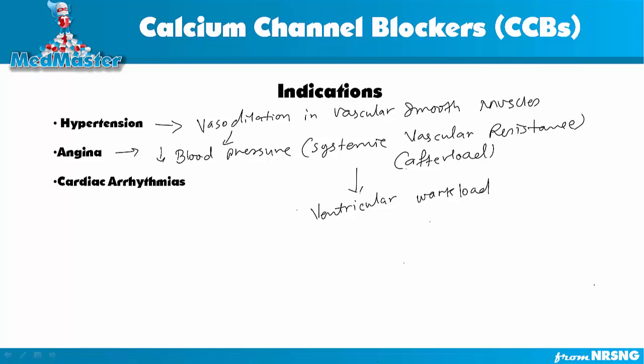While the blood pressure is low, the ventricles won't have to create that much energy to pump the blood out. So the ventricular afterload is going to be decreased. When the afterload decreases, the heart workload decreases, and the heart muscle won't need that much oxygen in order to pump the blood out of the heart.